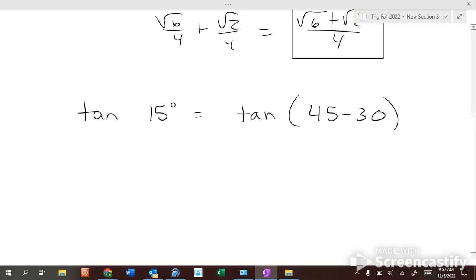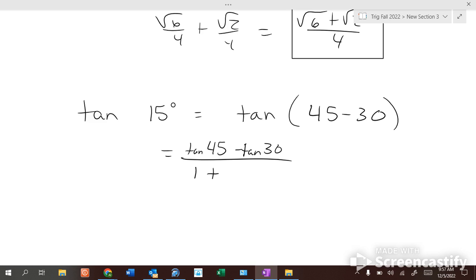Okay, the tangent of 45 minus 30 is the tangent of 45 minus the tangent of 30 all over, is it 1 then? 1 plus the tangent of 45, tangent of 30.